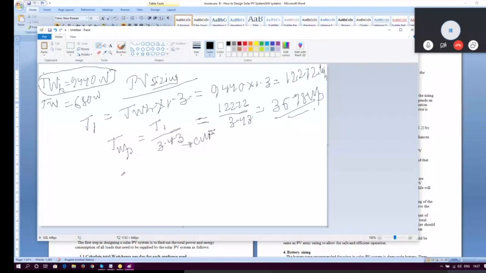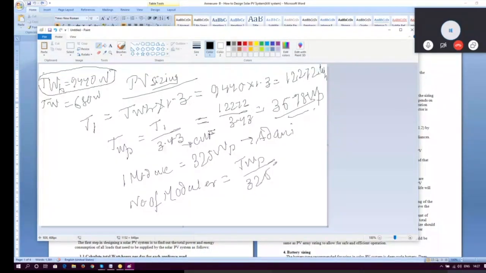Now, let's say we have chosen one module of 325 watt peak, a module of Adani. So the next question is, how many modules do we require? The number of modules would be TWP divided by 325, the capacity of each module, right?